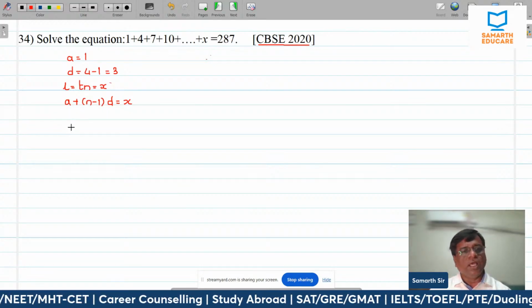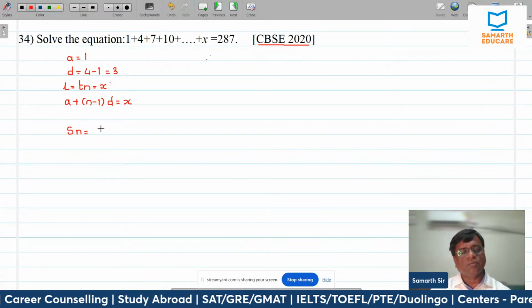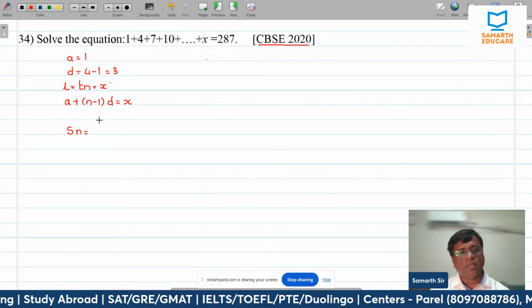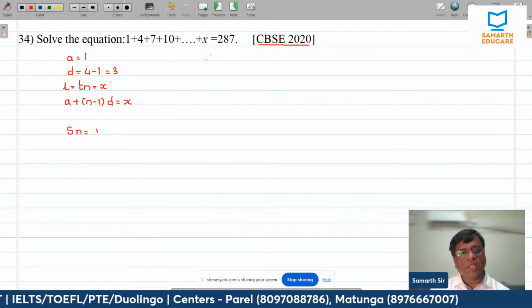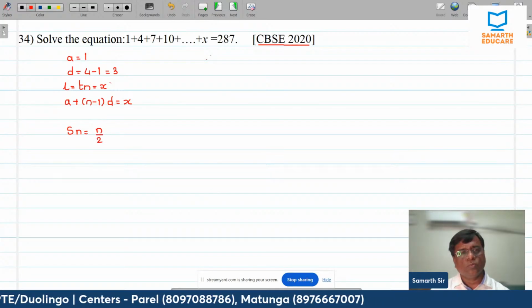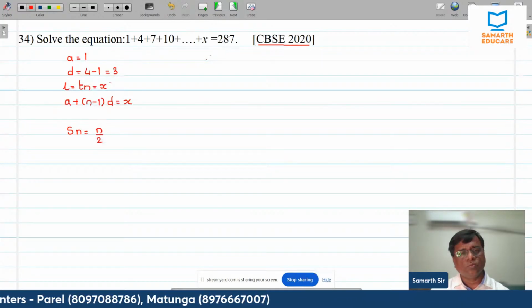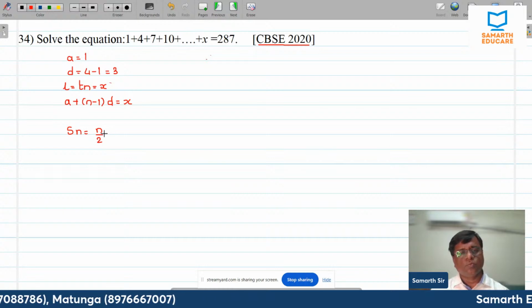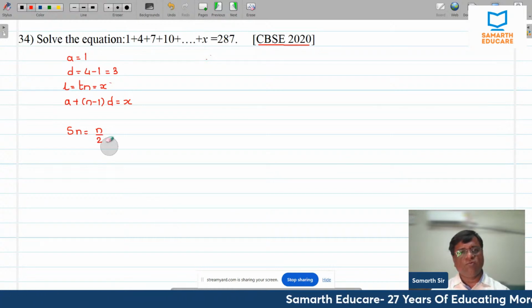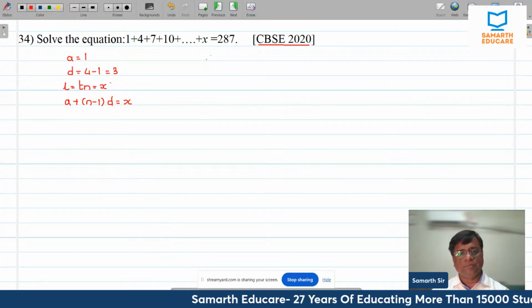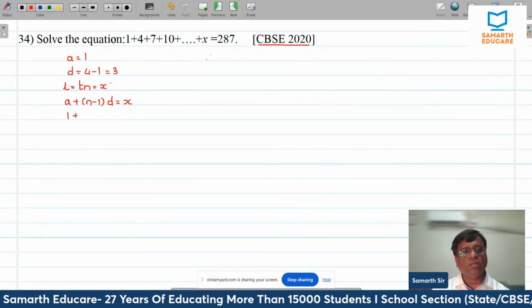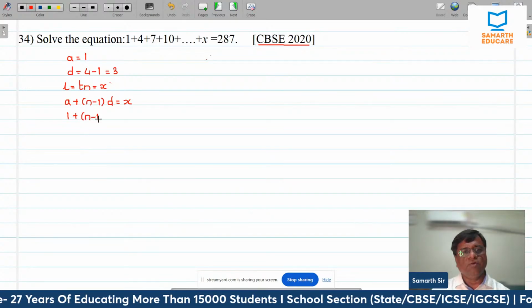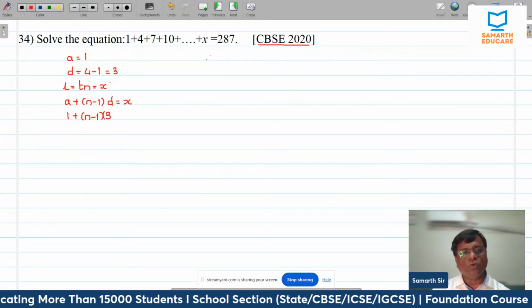Now Sn is n upon 2. So again, I will have to find out the value of n. Just like the previous problem, the A value is 1, n minus 1, the D value is 3, is equal to x.